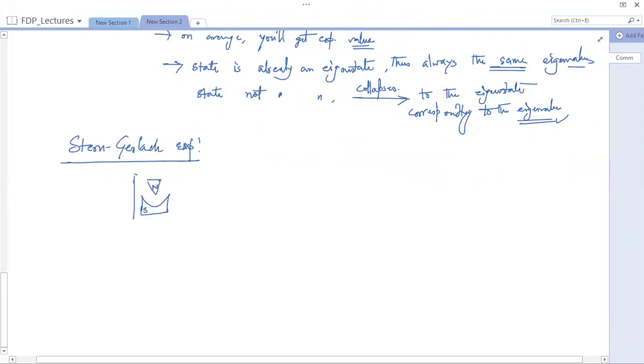Once you pass the electron, it is found in only one of the two eigenvalues: one is plus half spin and the other is minus half spin.